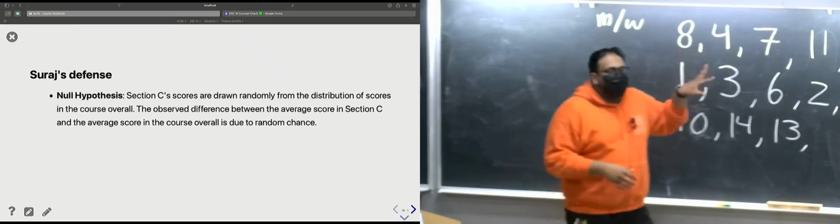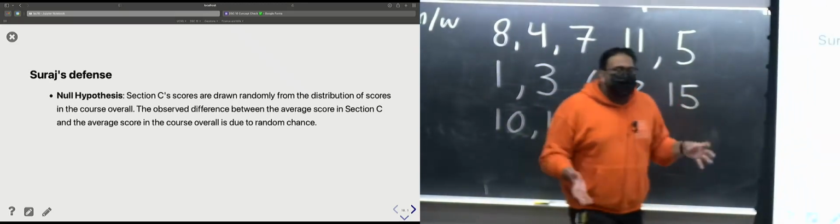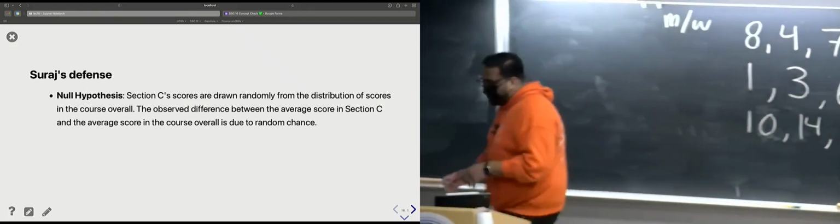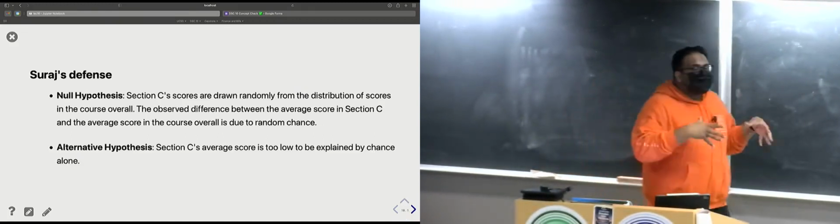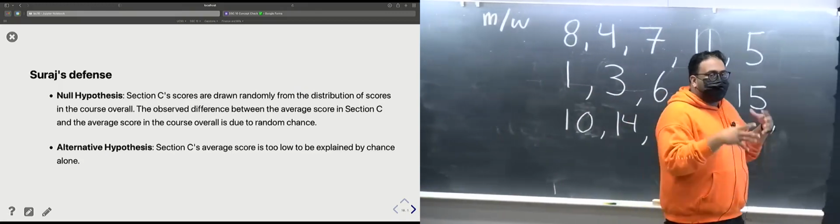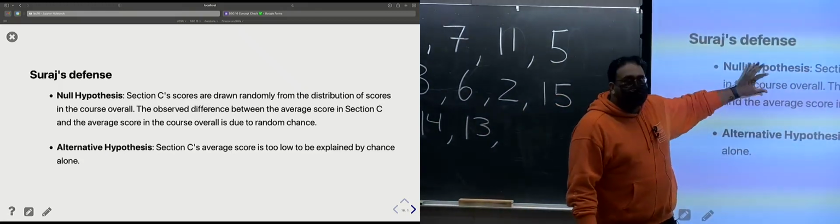Do we agree with this null hypothesis? We can simulate data under the assumption that our section's scores are drawn at random from the whole course's scores. We can do that. The alternative hypothesis is that our section's average score is too low to be explained by randomness alone.